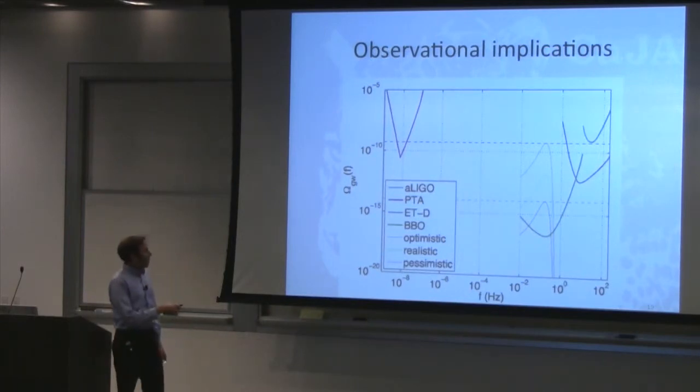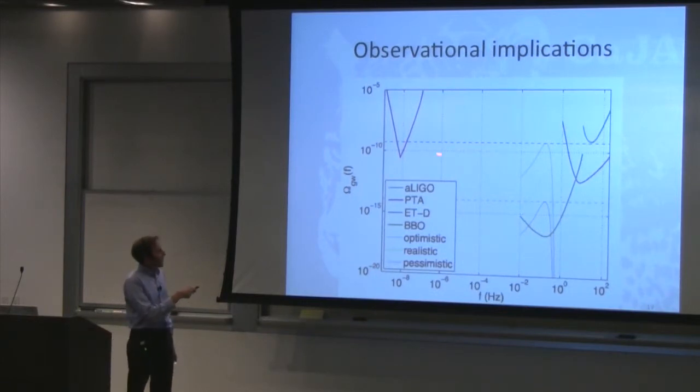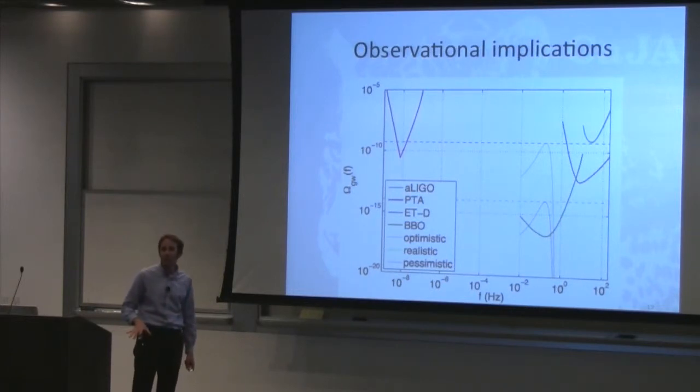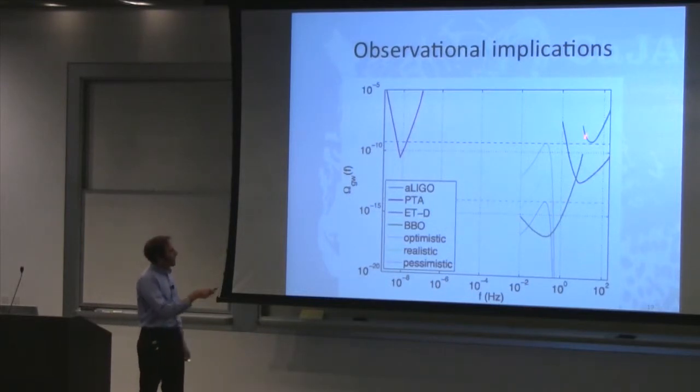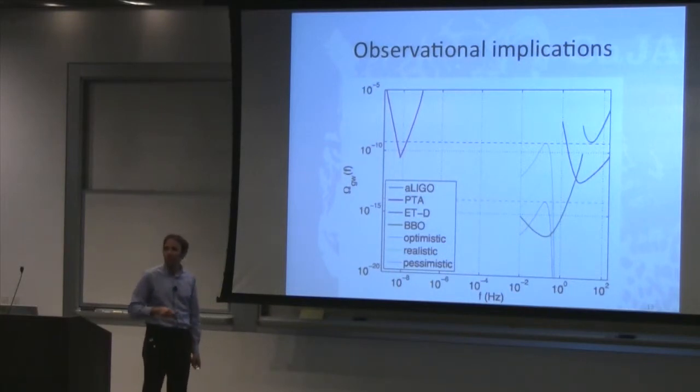As a next step, what we did is we compared the energy density level of these different predictions, which are shown here in blue for optimistic, green for realistic, and red for pessimistic, and which, by the way, don't depend on frequency. These are frequency independent. We plot these alongside some current and planned experiments. Advanced LIGO, these are, again, power law integrated sensitivity curves, once again.